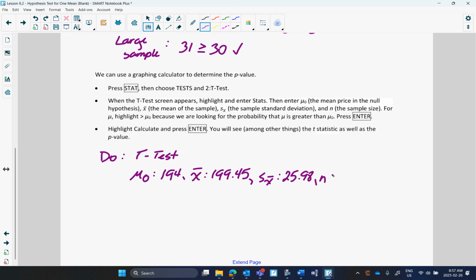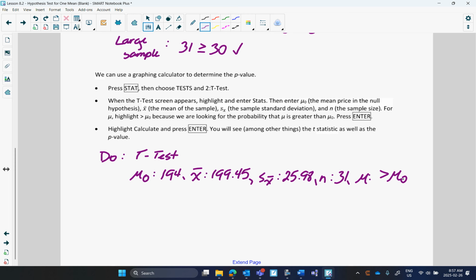The sample size is 31. And we are looking for mu greater than the null, greater than 194. You always want to make sure you get that one right, or you're going to get a different value.